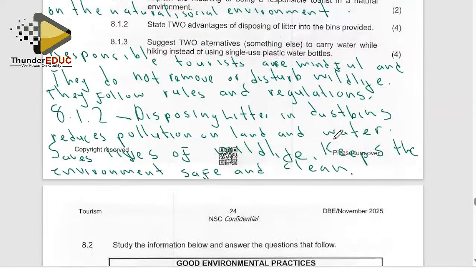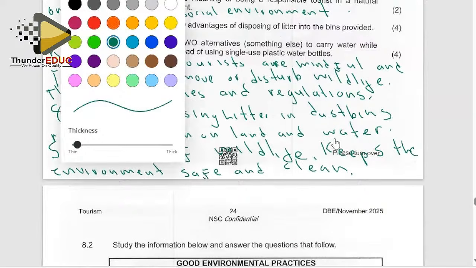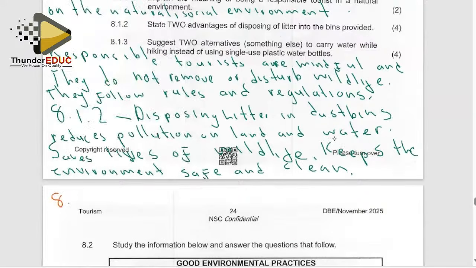8.1.3 suggests 2 alternatives, something else to carry water while hiking instead of single plastic water bottles. So you can actually use other things.